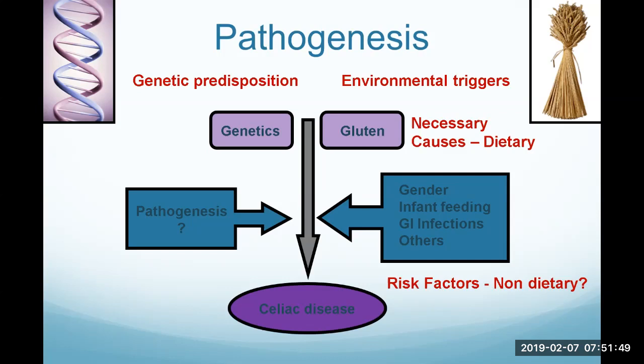Certain intestinal infections, pregnancy, cancers, and several viral infections have a sequence homology with TTG, and that's where they introduce the autoimmunity, and hence the patient develops celiac disease.